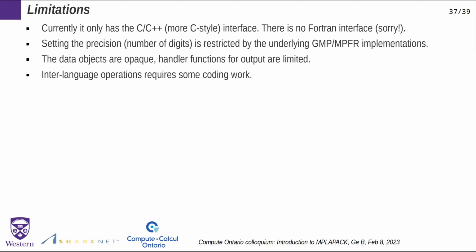Sometimes GMP or MPFR seem to favor multiples of 32 when you try to set the binary precision, for example 32 or 64. If you set something in between, it doesn't work quite as well as you expected. These are limitations of the underlying multiple-precision packages used.